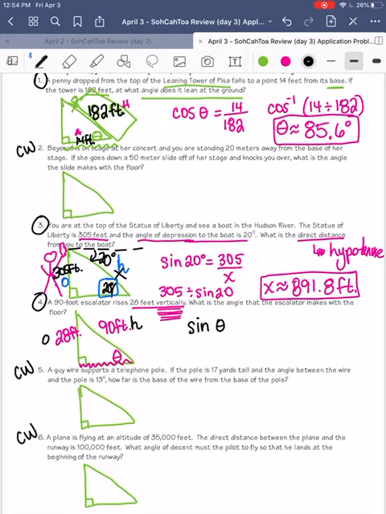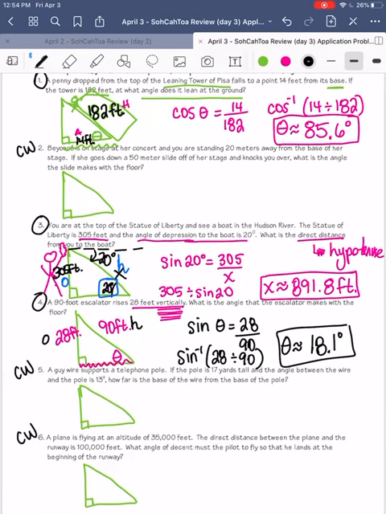So we're going to do sine of theta equals O over H. Okay, and then we'll type in inverse sine, because we're looking for an angle, 28 divided by 90. All right, so second sine 28 divided by 90, and we should get that theta is approximately 18.1 degrees. Okay.